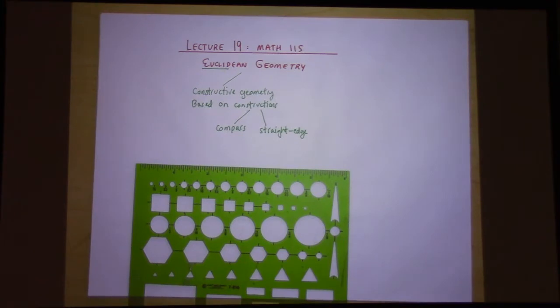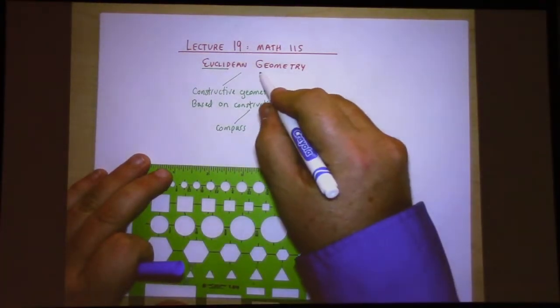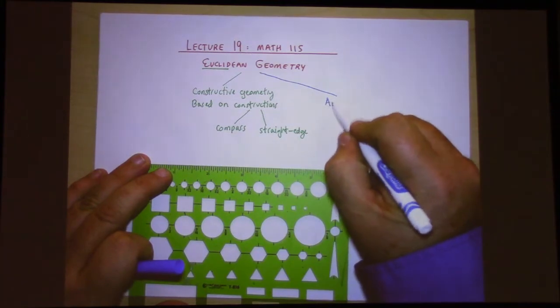But Euclid did not just do constructive geometry. He also dabbled, I would say, in what I would call analytic geometry. What's analytic geometry?